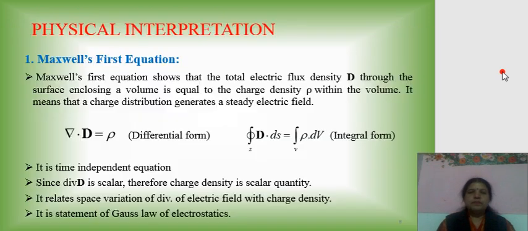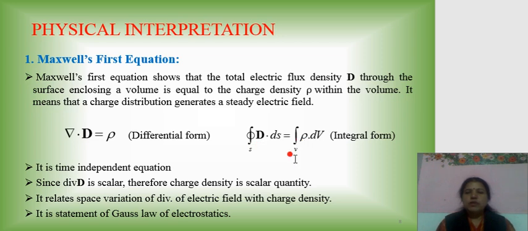Physical interpretation. Maxwell's first equation. This is Maxwell's first equation, differential form, integral form. Maxwell's first equation shows that the total electric flux density D through the surface enclosing a volume is equal to the charge density rho within the volume.